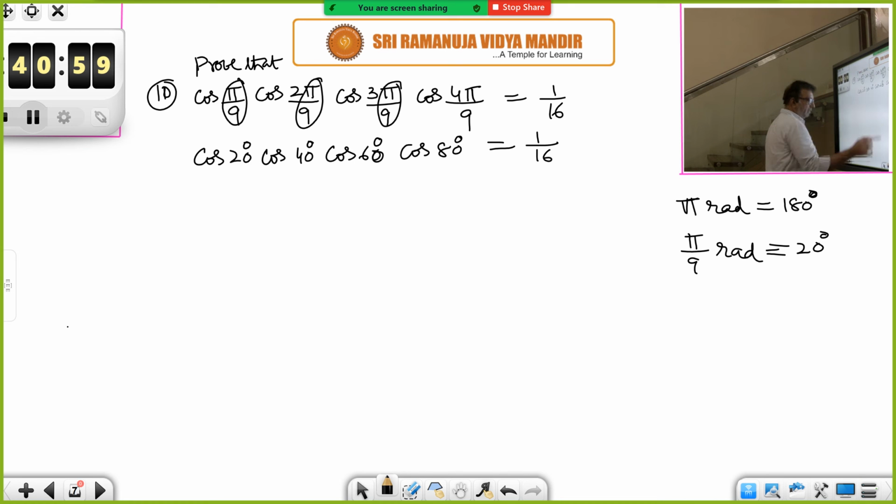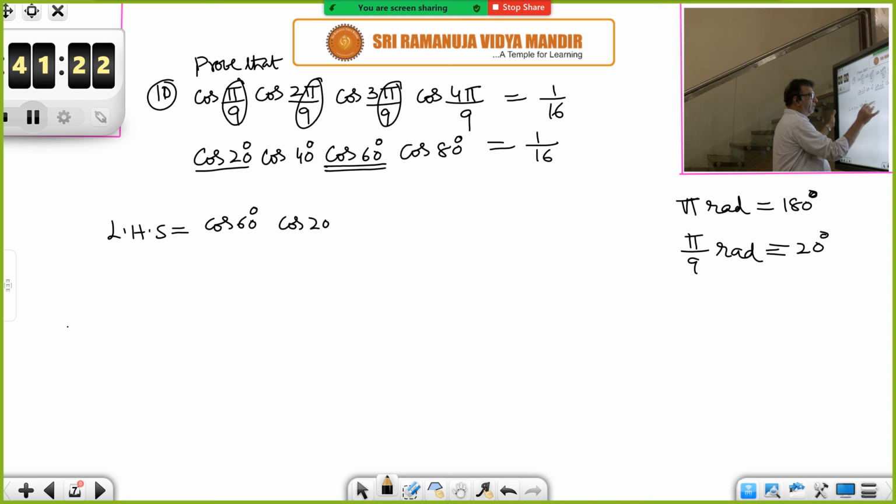Now out of these 4 factors we know the value of cos 60. So left hand side we start, and first we write cos 60, then we write cos 20. Come on, Kunal, how do you write cos 40?